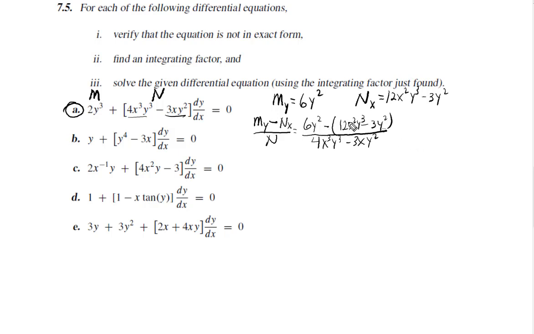So if we simplify this by removing the parentheses, distributing the minus sign, we end up with a 9y squared and a 12x squared y cubed.